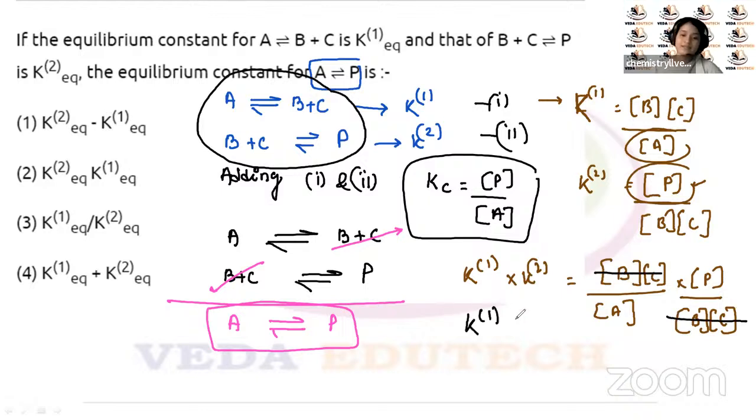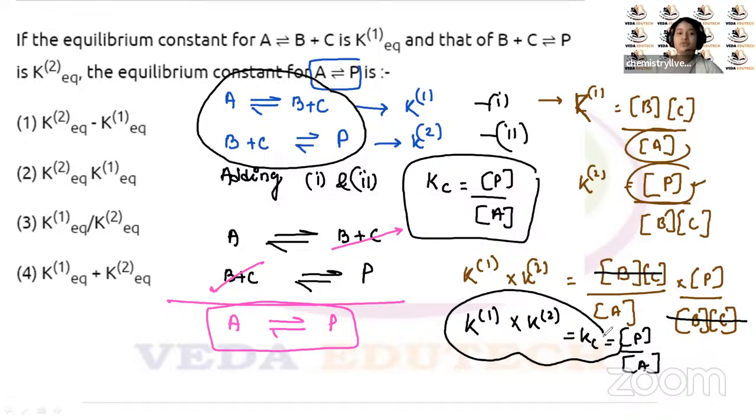So if we multiply, this is going to be K1 into K2. And that is in which option, children? It's option number B. So option number B is going to be your correct answer. I hope you all understood this question. We'll move on to the next question.